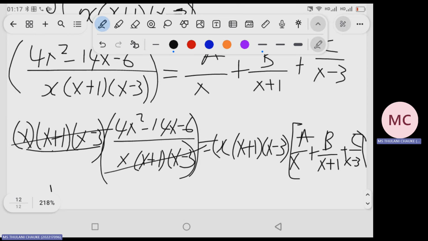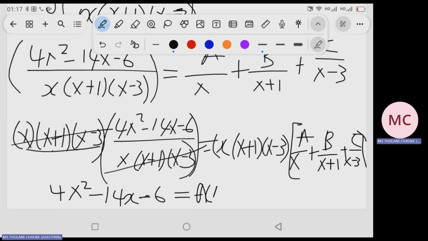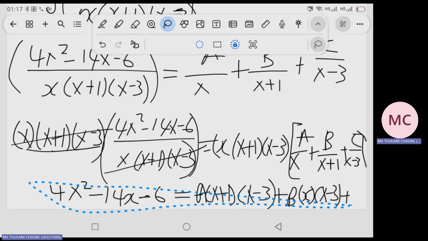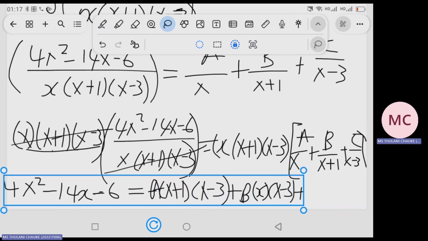Here we know we will be left on the left with this. Then on the right you'll be left with a into x plus 1, x minus 3 plus b into x minus 3, then you'll have your c. Let me move this to the left.